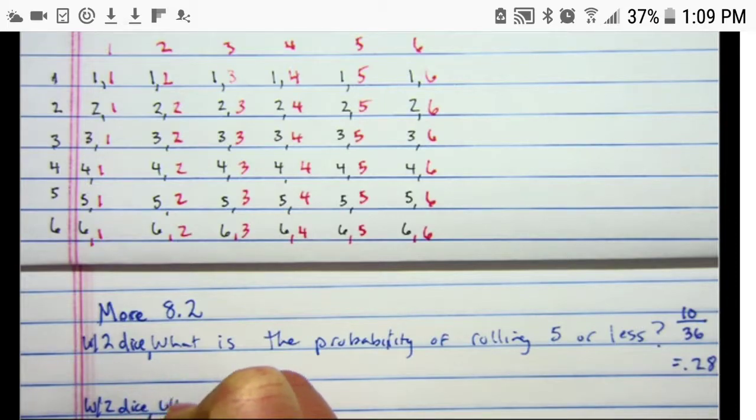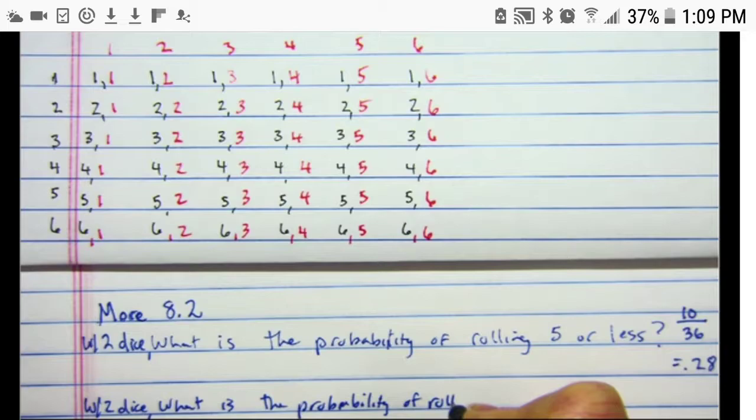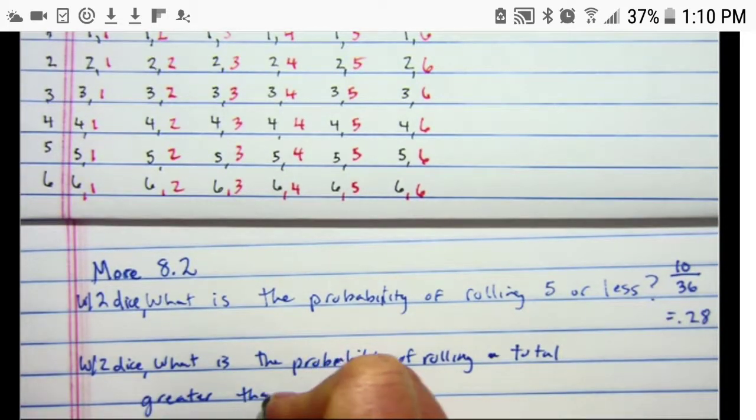Now we're going to check out with 2 dice. What is the probability of rolling a total greater than 5?